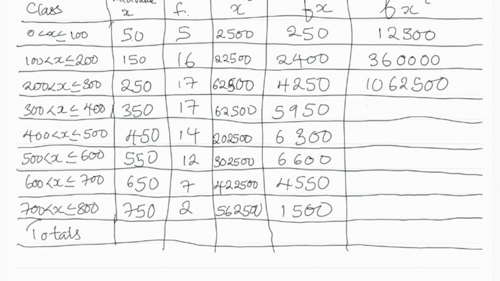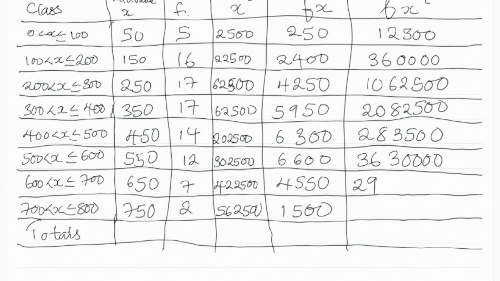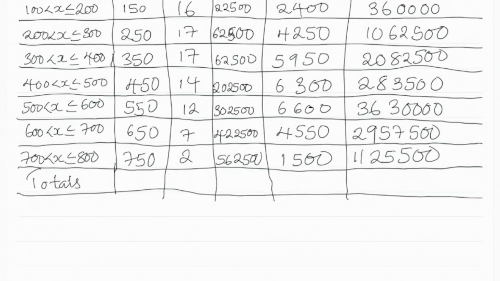I hope you're following. Then 28,3,500. Then you have 36,3,000. And then you have 29,5,700. 500. Then you have 11,25500. Right.